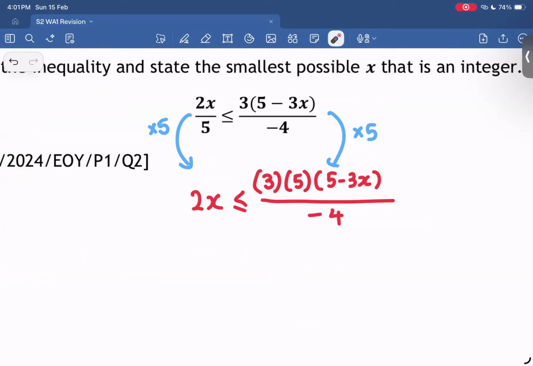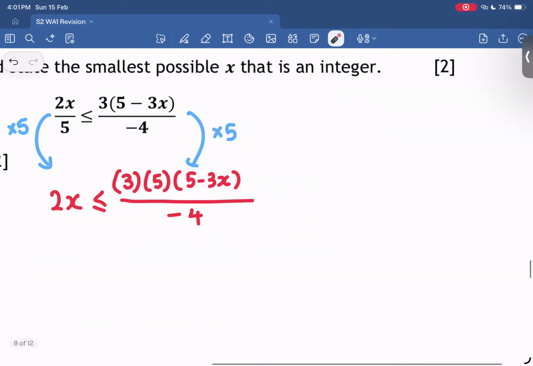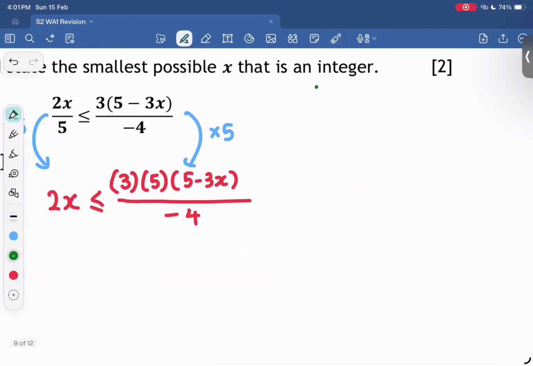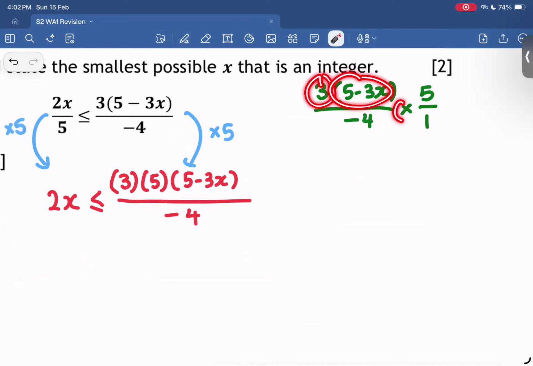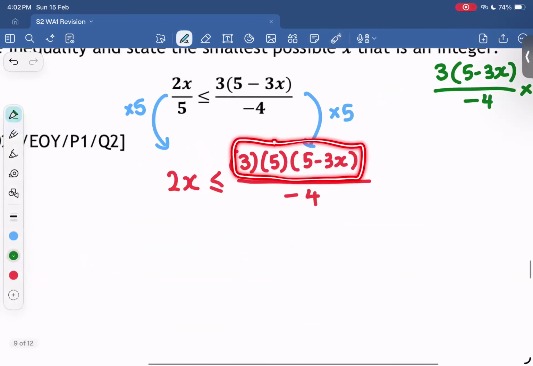That's how fractions work for multiplication. If you don't believe me, I'll show you a short working on the right hand side. 3 bracket 5 minus 3x over -4 times 5 is the same as times 5 over 1. So you take 3 times this times this, putting all of this together to look like this number over here.